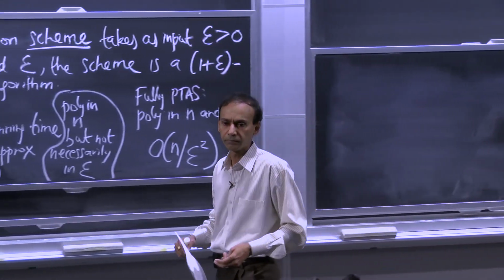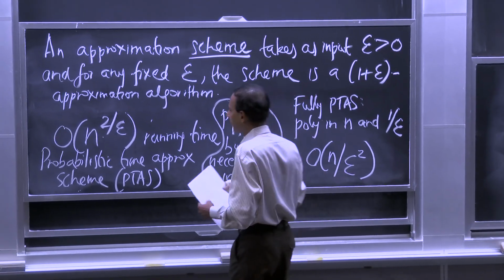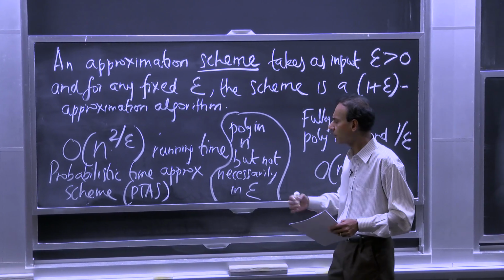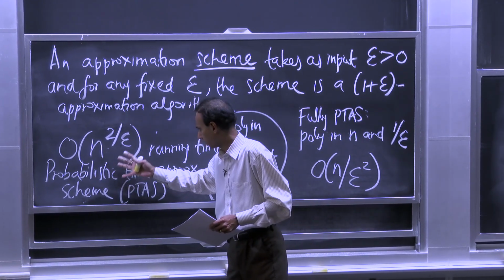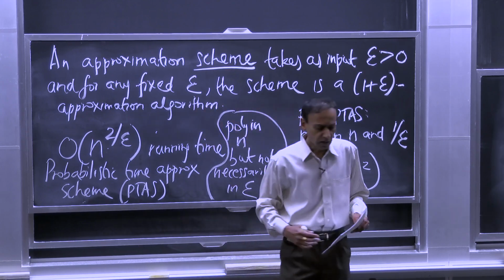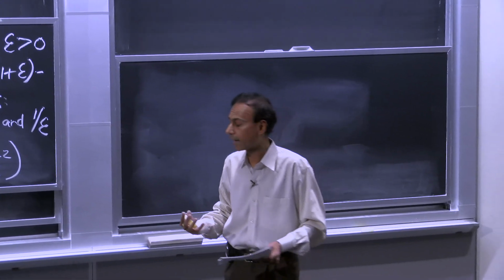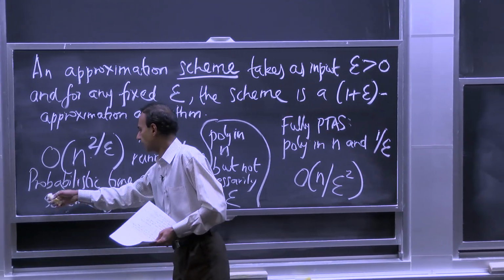Question? What does the probabilistic come from? So we won't get into that today, but you can think of it as the probability over the space of possible solutions that you have. You can think of a distribution of inputs.